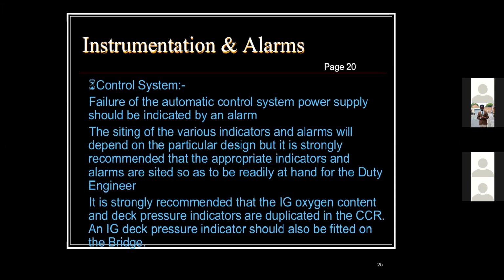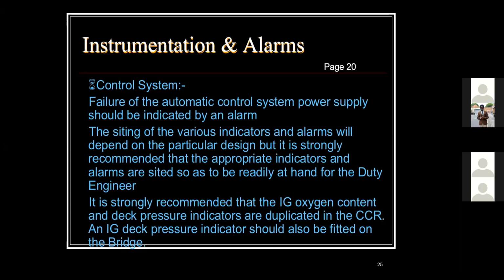This is a recommendation. If you go to SIGTTO, ISGOTT, OCIMF, Intertanko, all the major tanker owners and operators in the world, it's just a recommendation that the IG oxygen content and the deck pressure indicator, which are the two keys, are duplicated in the CCR, and possibly also fitted in the bridge.